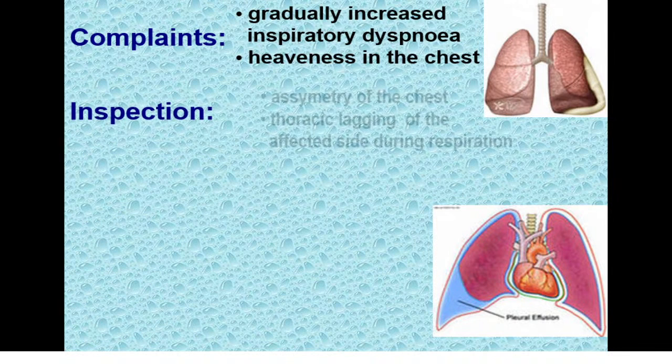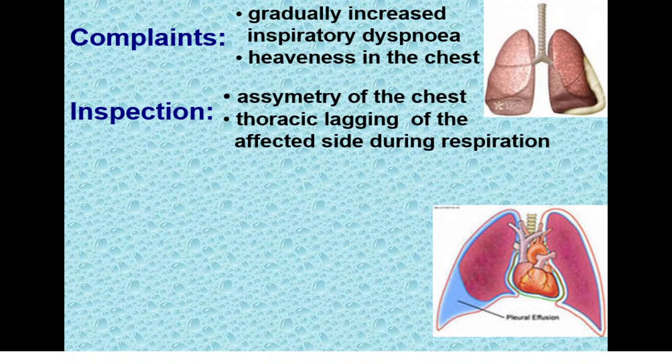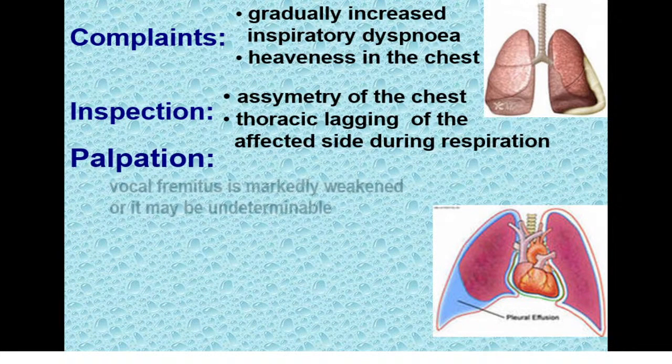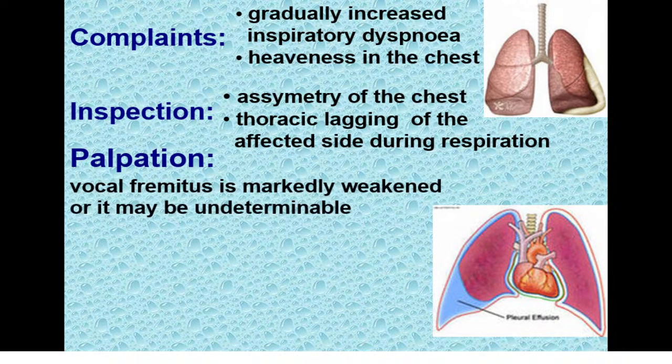On inspection, we can see asymmetry of the chest with thoracic lagging because hydrothorax is located in the lower part of the lung. On palpation, vocal fremitus may be weakened in the initial stage and absent at the end.